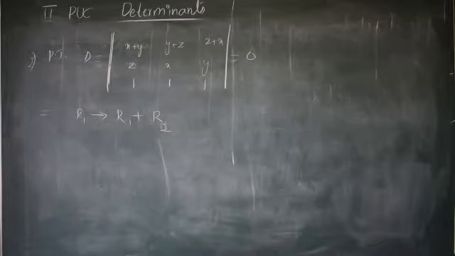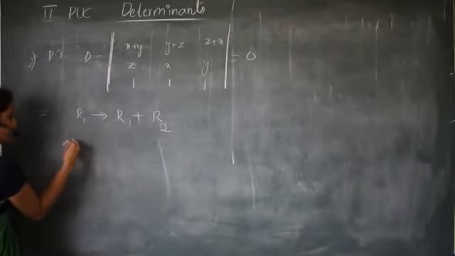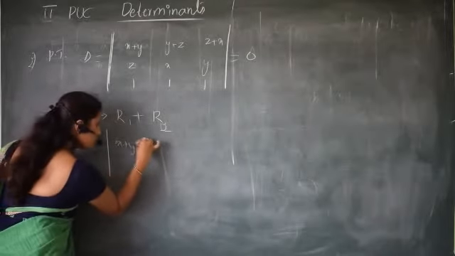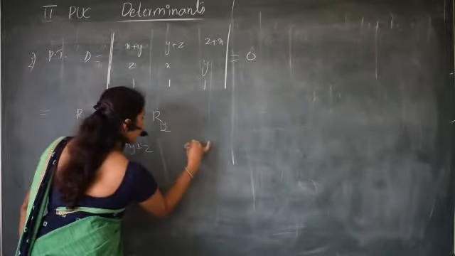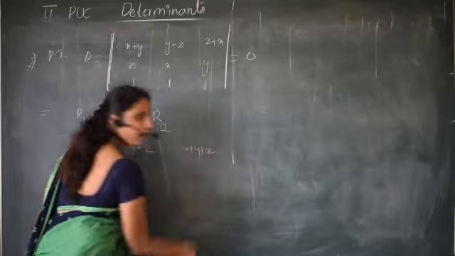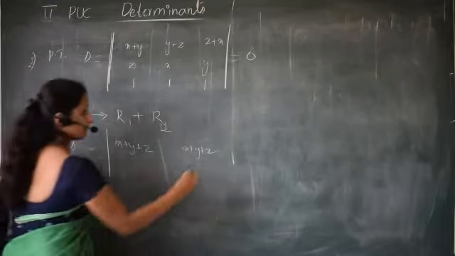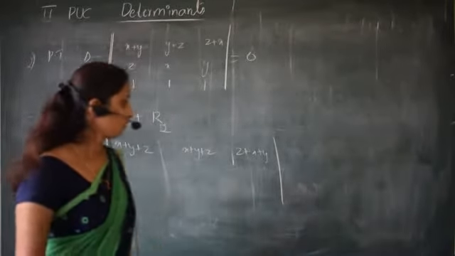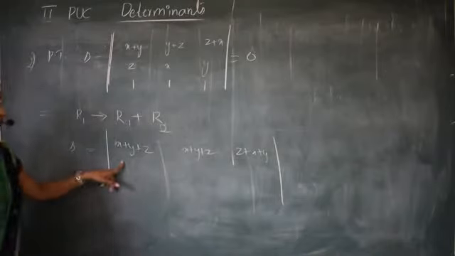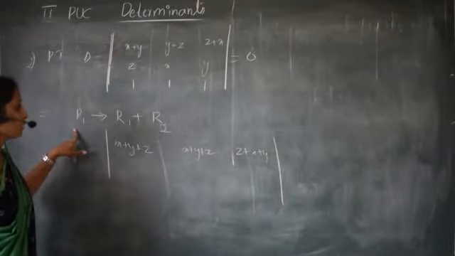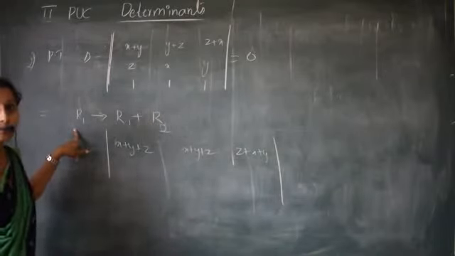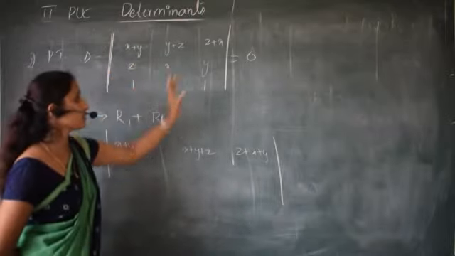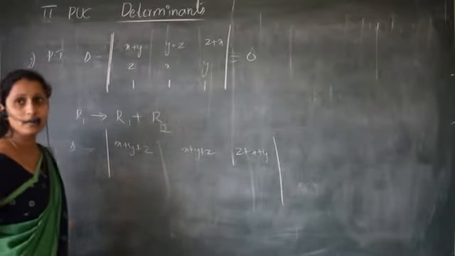If R1 is changed like this, then delta becomes x plus y plus z in each place. Here I have changed R1 to R1 plus R2, so I have x plus y plus z, x plus y plus z, x plus y plus z. Then the other rows R2 and R3 are the same.